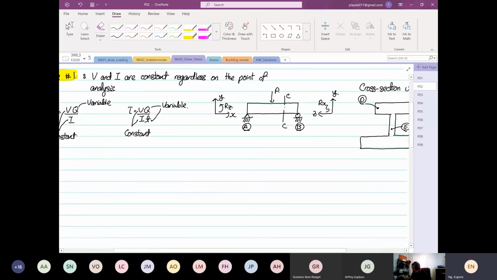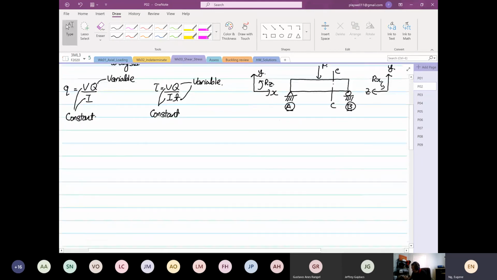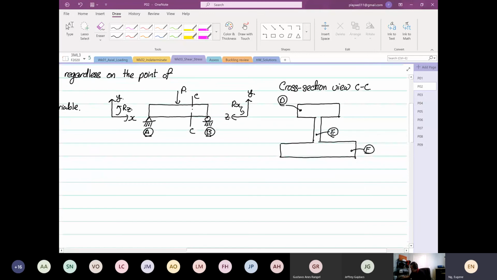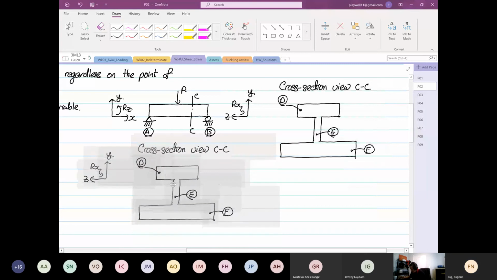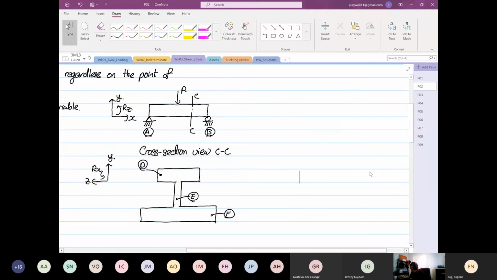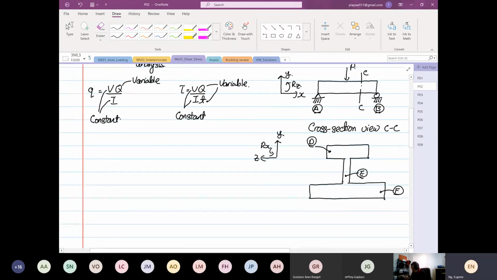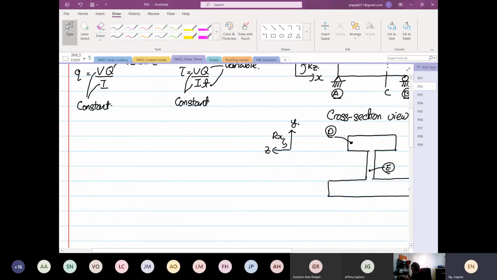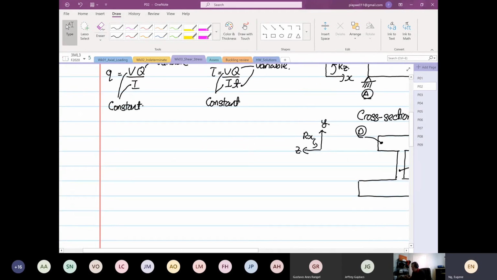When we apply this, let me get this diagram below so when I write you can see better. Let's focus on the shear.